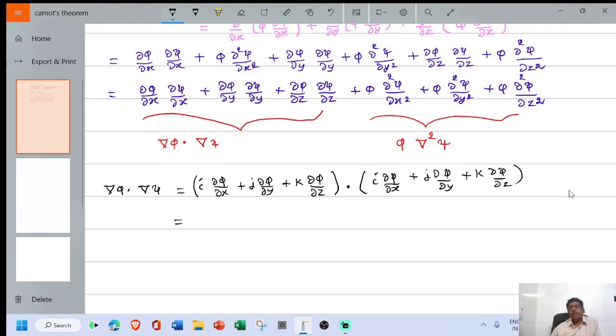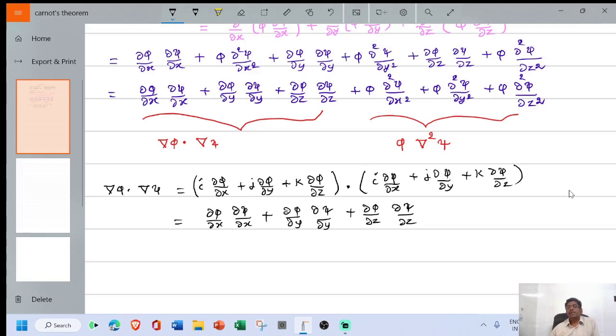You may get i dot i, so dou phi by dou x dou psi by dou x, plus j dot j, dou phi by dou y dou psi by dou y, plus k dot k, dou phi by dou z dou psi by dou z. We have the three terms. Therefore, these three terms are replaced by grad phi dot grad psi.